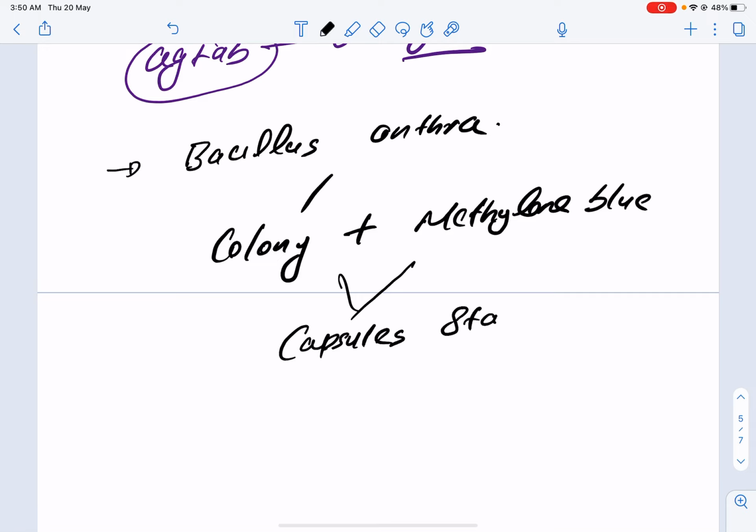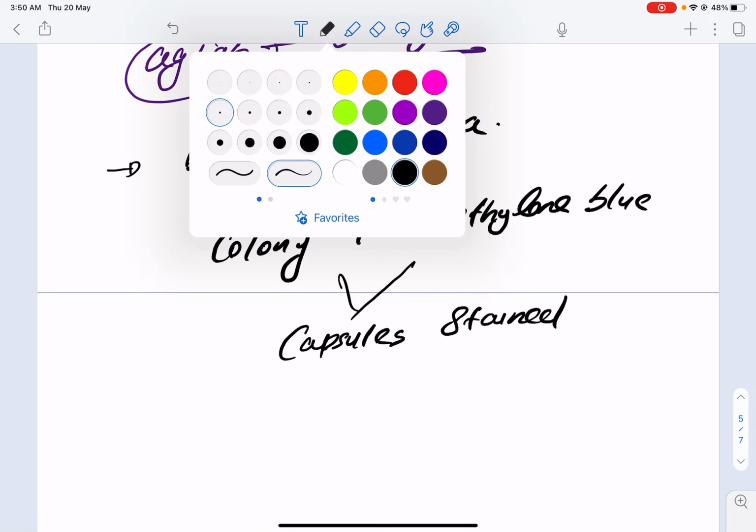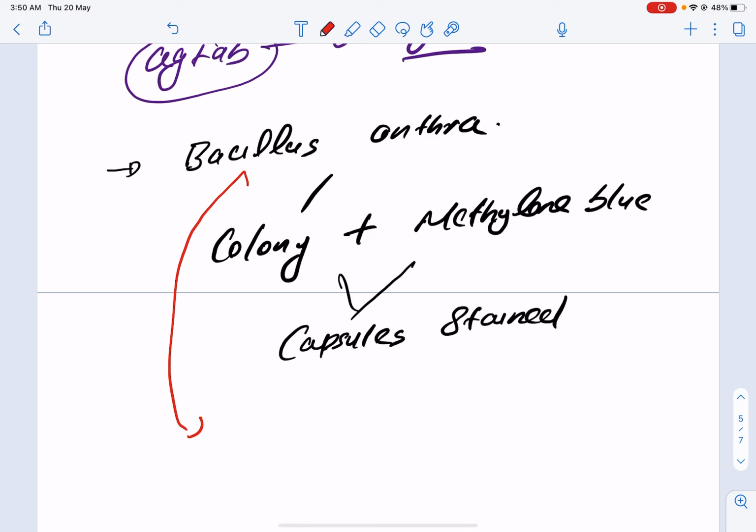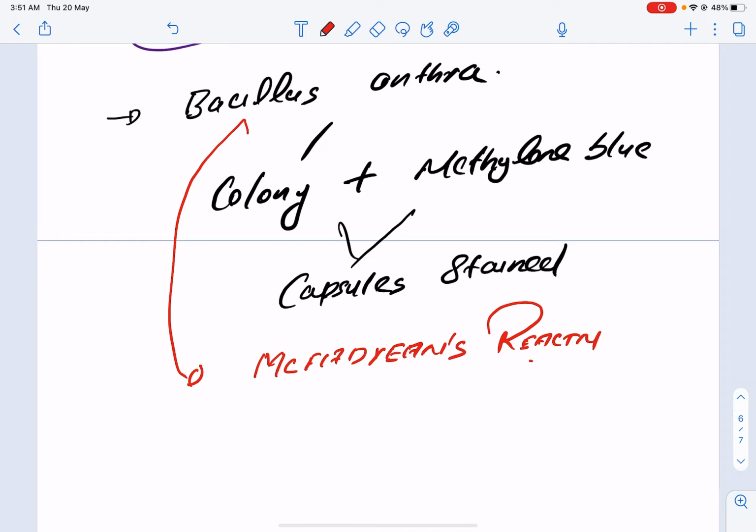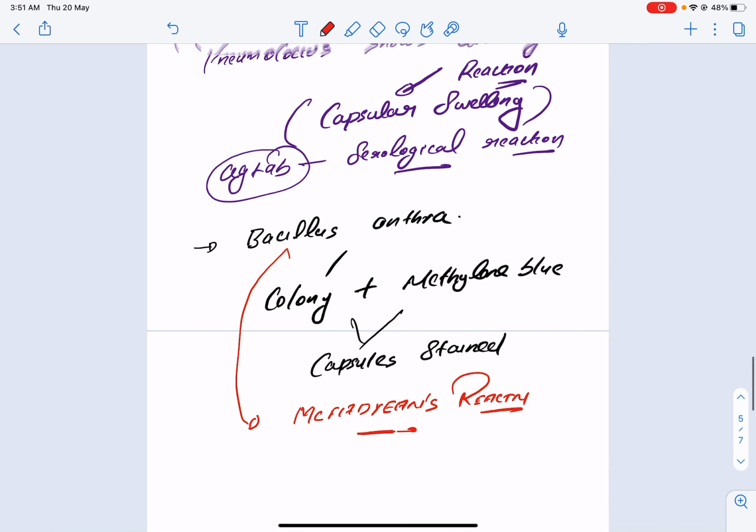Capsules stained. This special method that we use for Bacillus anthracis is also called McFadyean's reaction. It's asked in the exam. So anthrax also has what? Capsule, and we do a special reaction for it. What is it called? McFadyean's reaction.